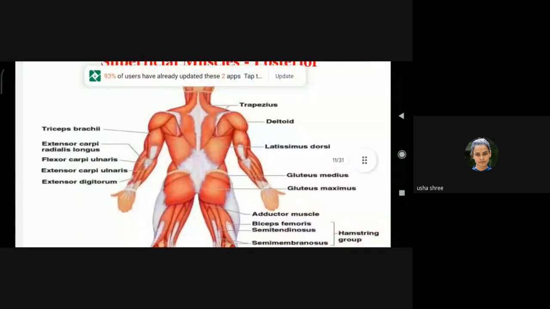Also, you can see the deltoid here just below the shoulder. Latissimus dorsi is the major muscle of the back, and the largest muscle in the human body is gluteus maximus, which covers our glutes.